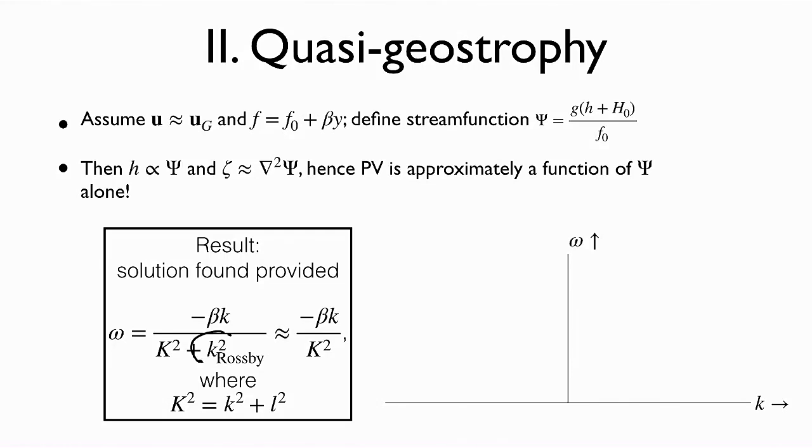Now, if we're considering waves that are much shorter than that distance, then we can make the approximation shown here. And in the atmosphere, it's going to turn out that for most of the waves of interest, this is a good approximation.